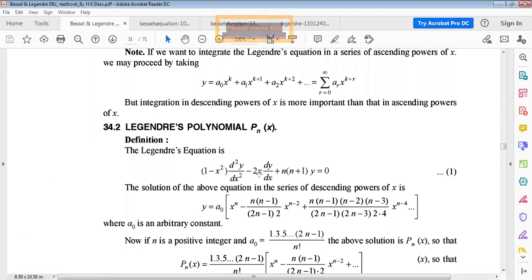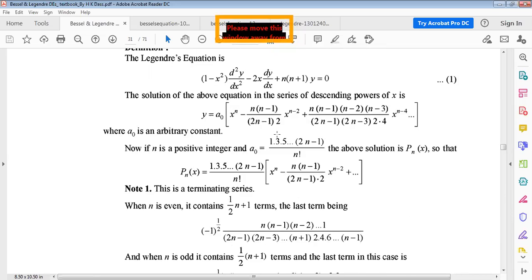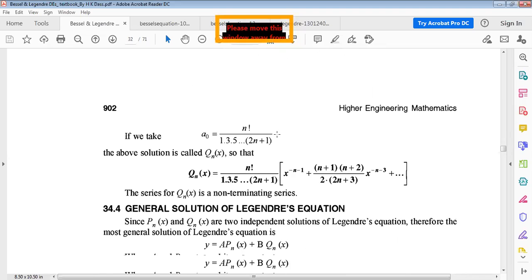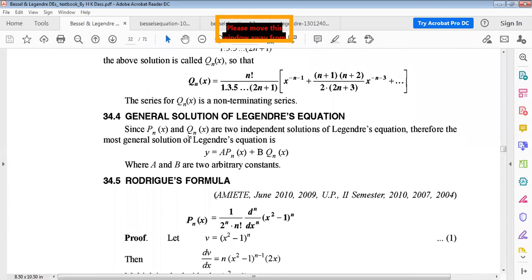Actually, the polynomial Pn x is the Legendre polynomial function, but in the Bessel function we denoted it by capital Z. In Legendre we will use P. Pn x and Qn x are the two independent solutions of the Legendre equation.